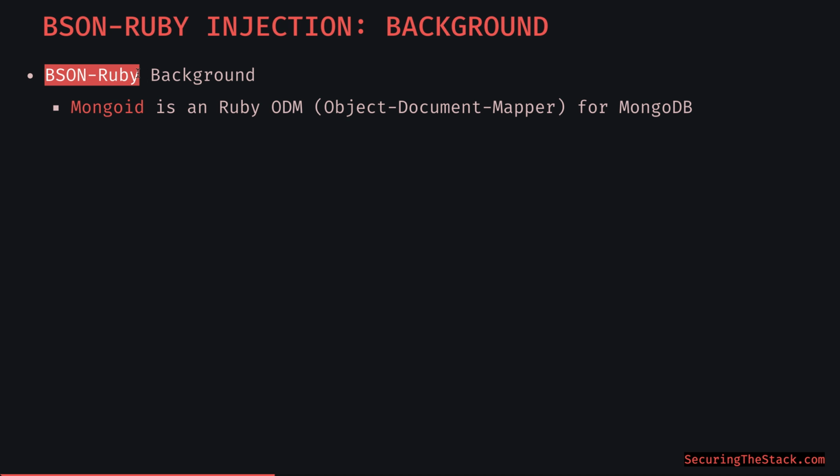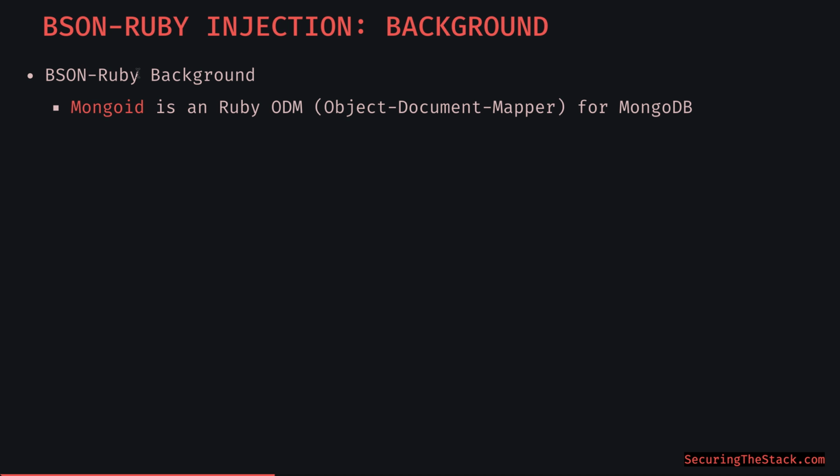Okay, so let's get into BSON Ruby and what the background is. BSON Ruby is a lower level dependency, so let's start at the top of the dependency tree and work our way down. It all starts with Mongoid, a Ruby ODM, or object document mapper, for MongoDB.